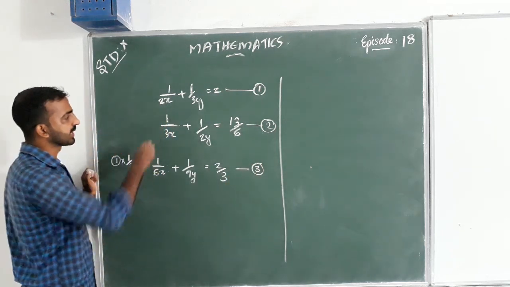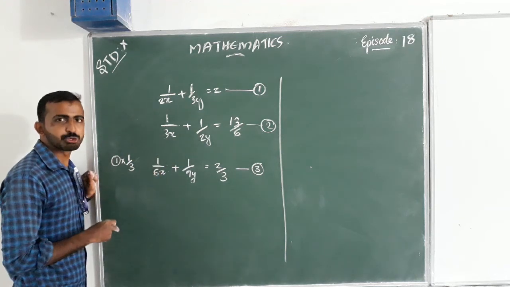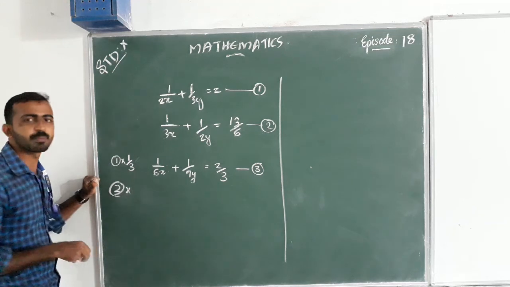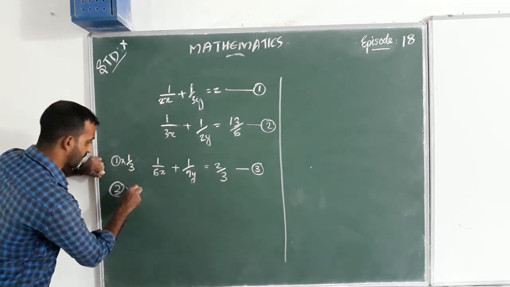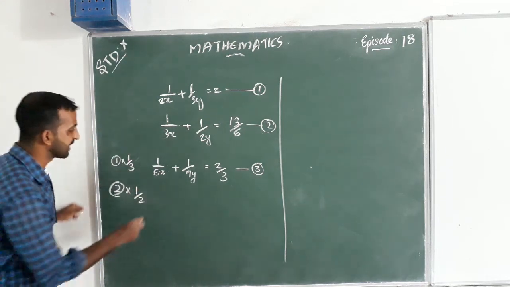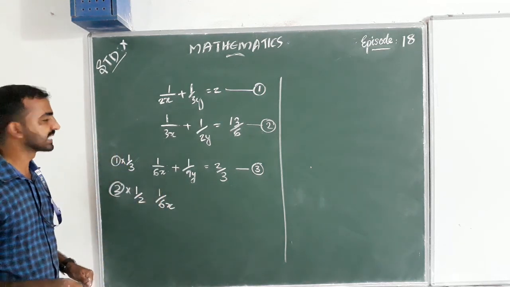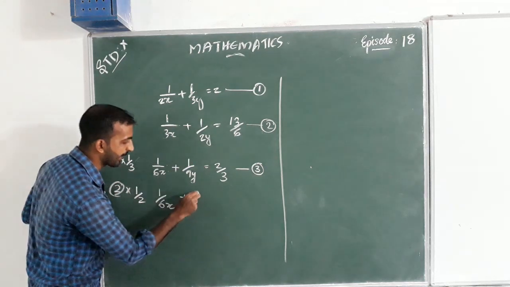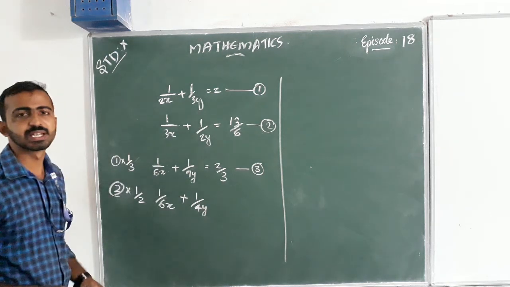And next is 3x, that is our equation number 2. We take equation number 2 into 1 by 2. That is, we get 1 by 6x plus 1 by 4y, is it?